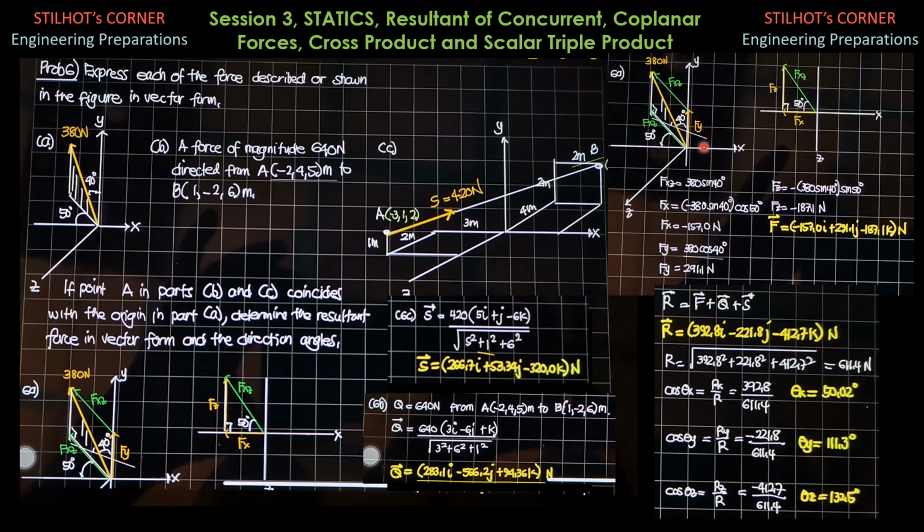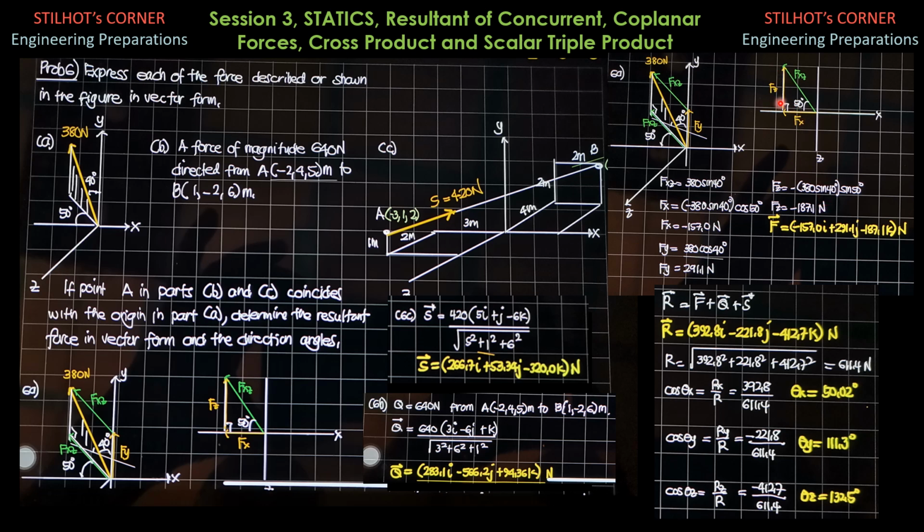Then Fy, this is Fy, it's obvious from this right triangle here, this is 90 degrees here. So it is hypotenuse cosine, because Fy is adjacent of 40 degrees. So hypotenuse 380, cosine of 40 degrees, so 291.1 newtons. Then finally, Fz is again negative, negative of 380 sine 40 degrees.